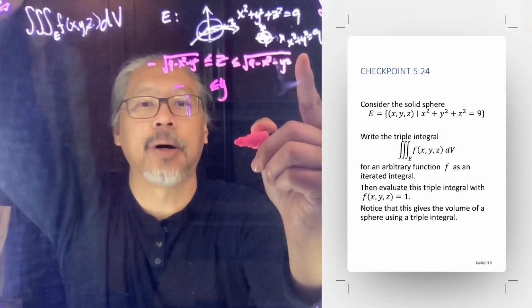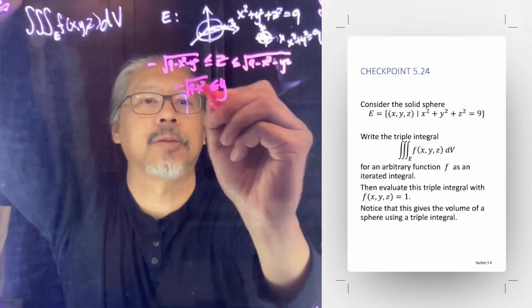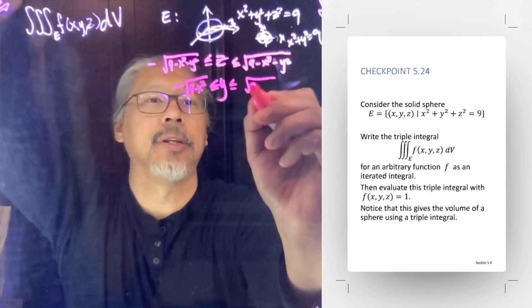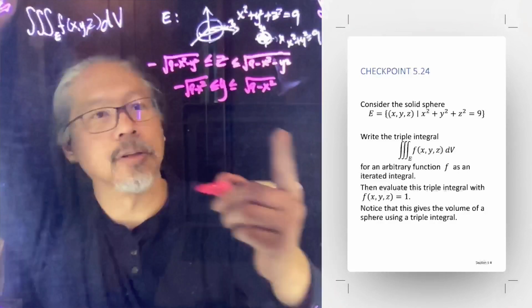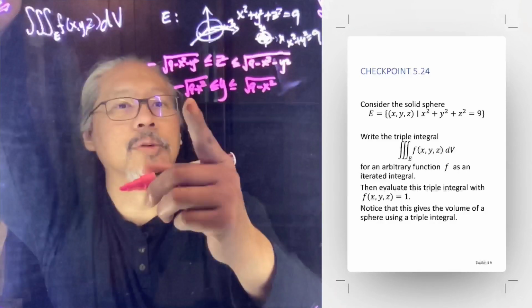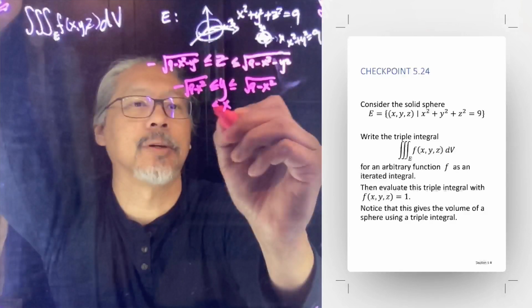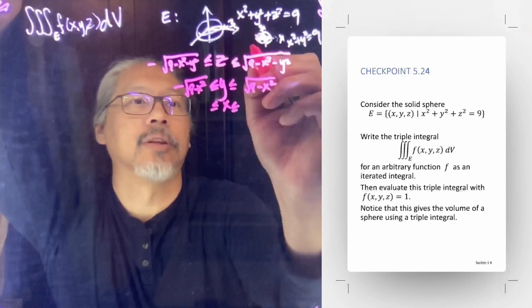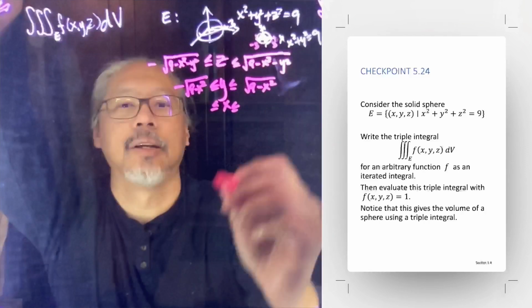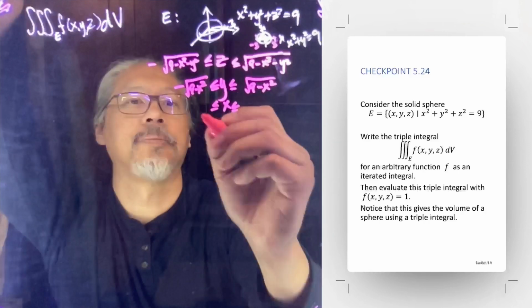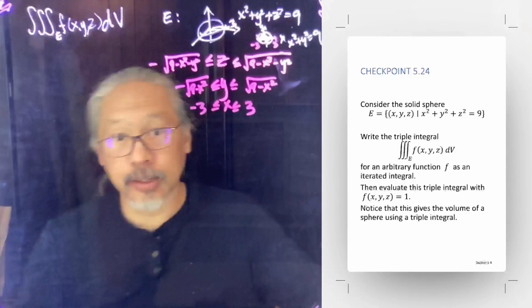If you solve for y here, you're going to get the positive and negative square root of 9 minus x squared. The negative part would be on the bottom, and the positive part would be on top. So your limits could just be from negative square root of 9 minus x squared to positive square root of 9 minus x squared. And once you're left with that, you're just going to go from constants, negative 3 to 3, and those are going to be your x limits.